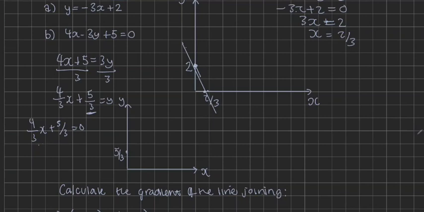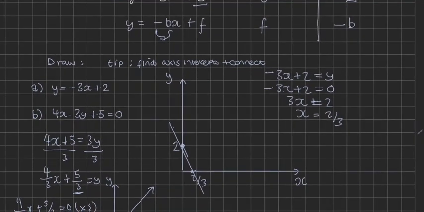We can times by 3, so we get 4x add 5 is equal to 0. 4x is equal to minus 5, so x is equal to minus 5 over 4. Just extend this axis here. Minus 5 over 4 is here, and so our graph connecting the dots would look something like this.